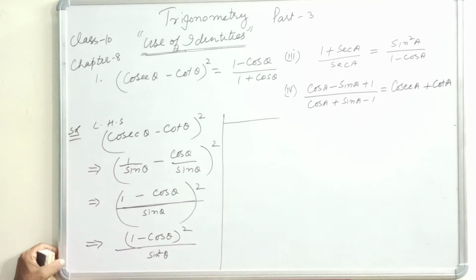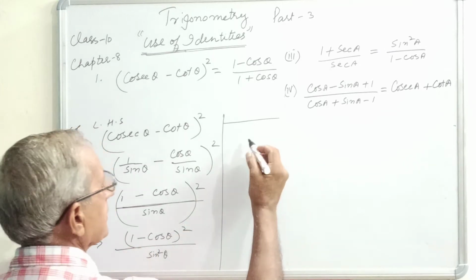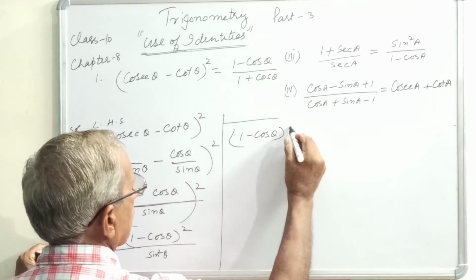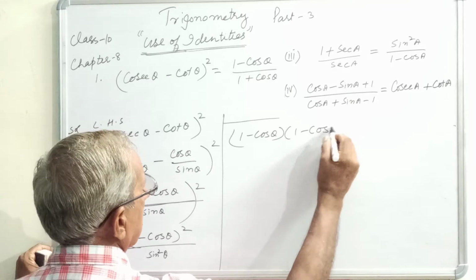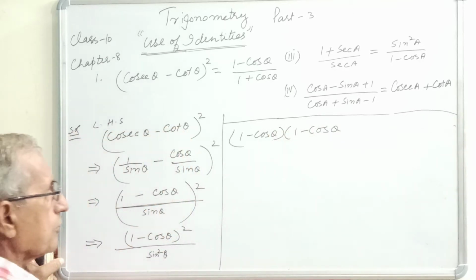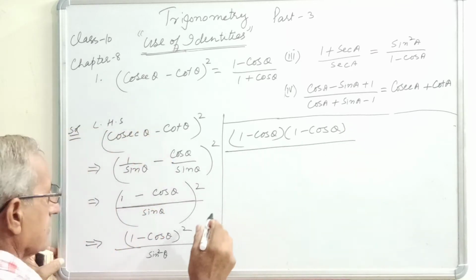So according to the requirement of the question, we are using the identity in the same way. So (1 minus cos theta) can be written twice. So (1 minus cos theta) into (1 minus cos theta). Instead of taking the whole square, we are writing it twice.